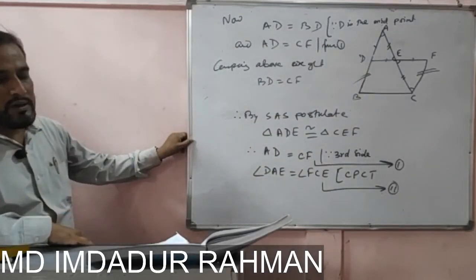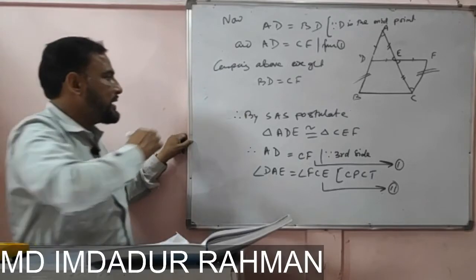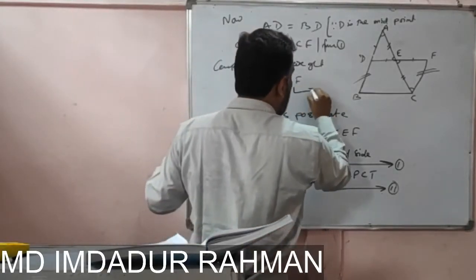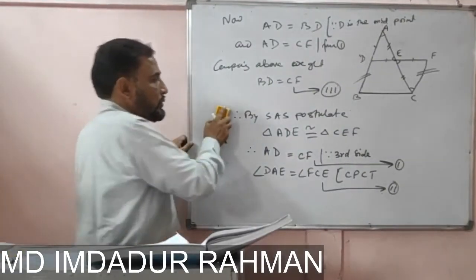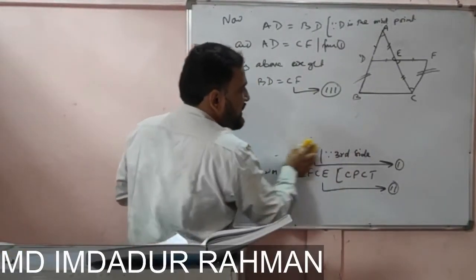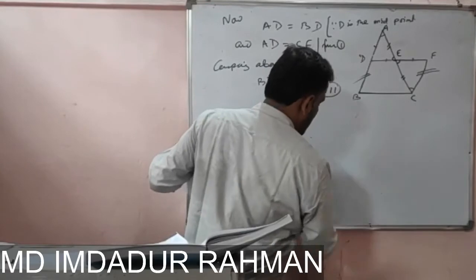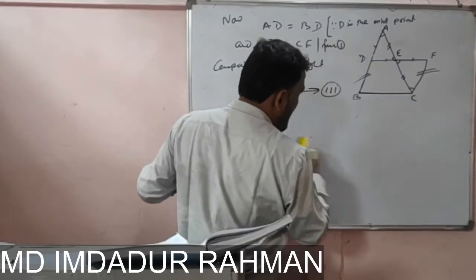BD is equal to CF, just to show. Again, this is equation number 3. We are to show DE parallel to BC. Remember equation number 2 and 3.